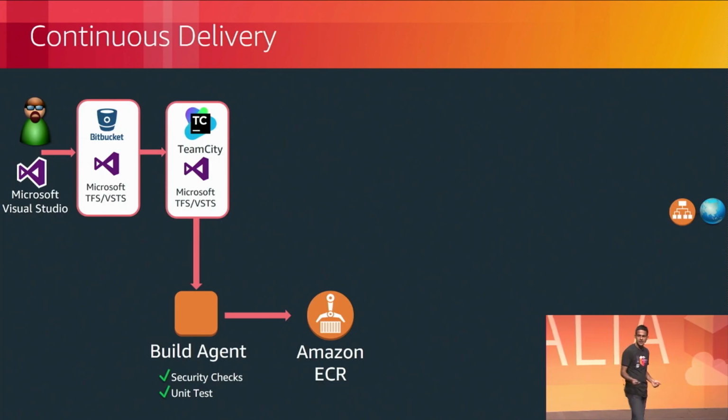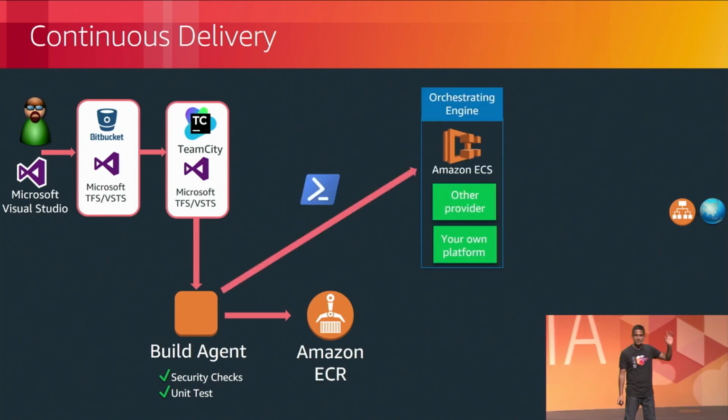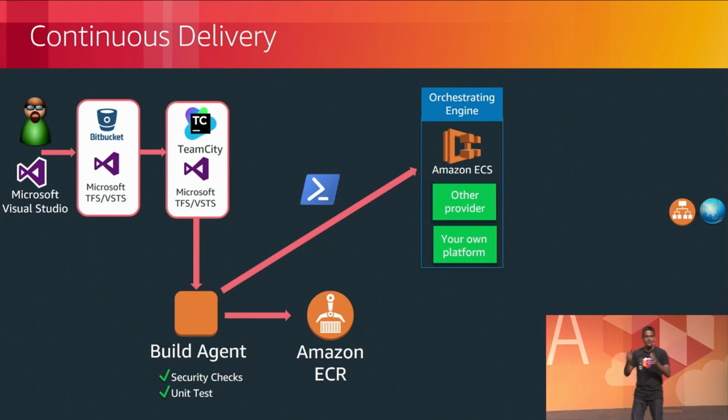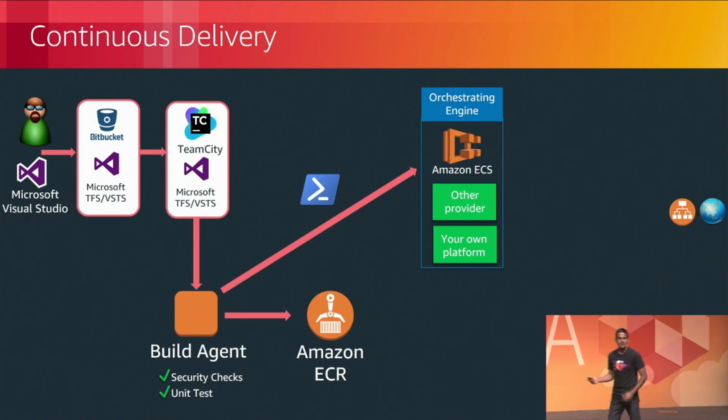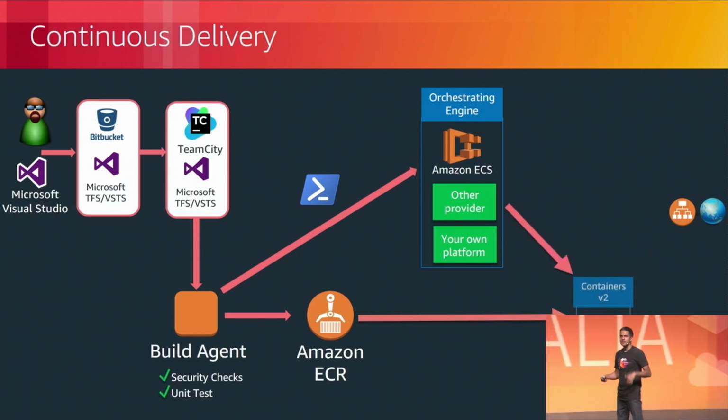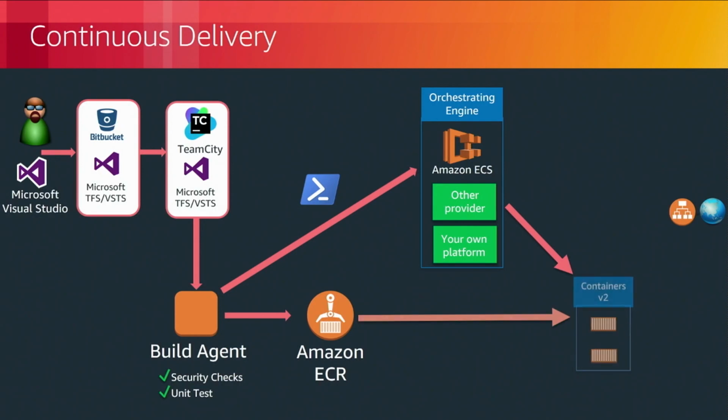Once it publishes, it's going to call Amazon ECS, let's say using PowerShell, and say, hey, Amazon ECS, I have a new image. Go there and orchestrate this image in Amazon ECS. So it's going to render this new version of the image on Amazon ECS. After that orchestration, the load balancer is going to go through some health checks.